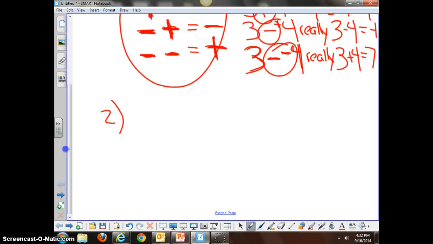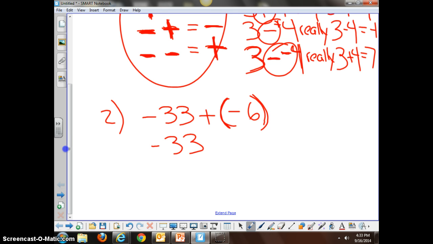Example number 1, if we have a problem like negative 33 plus a negative 6. Looking at this problem, this is not a division or a multiplication problem, because we're adding a negative 6. So if you are confused by this, you would rewrite it as negative 33 plus negative 6.